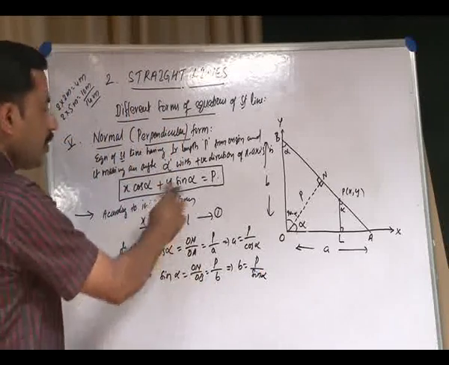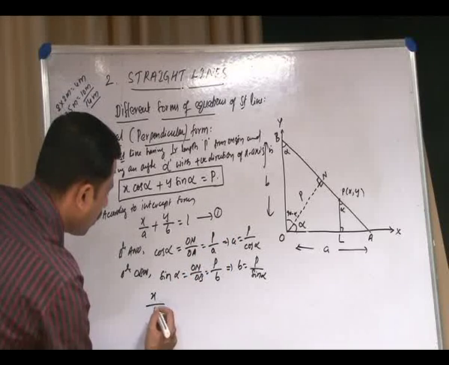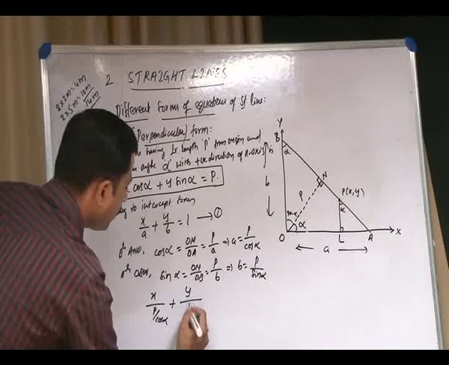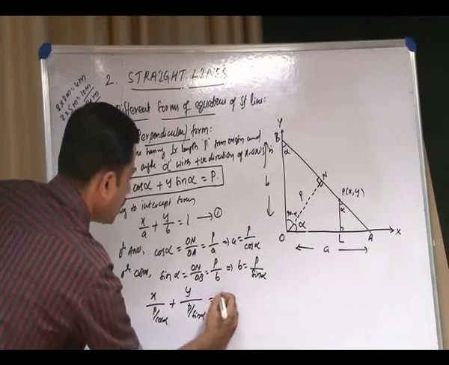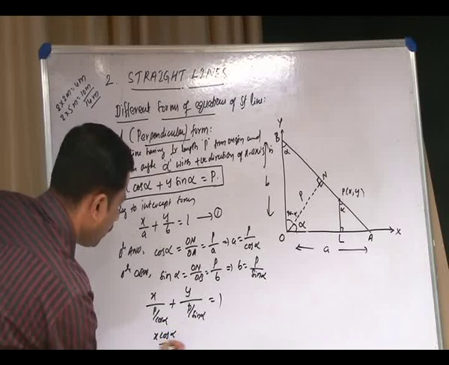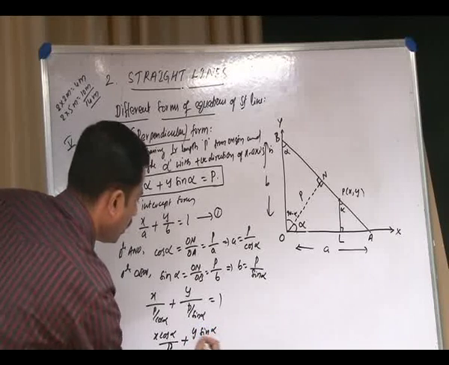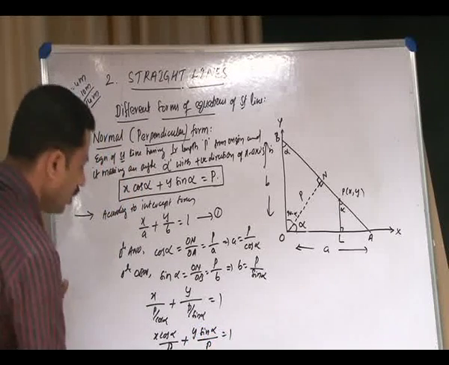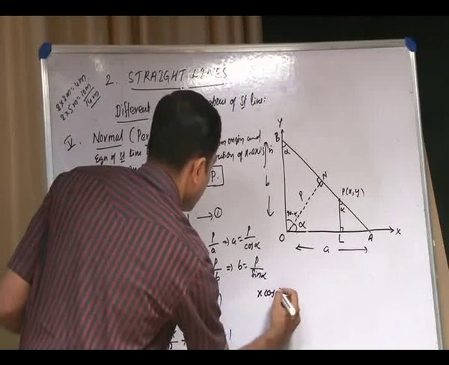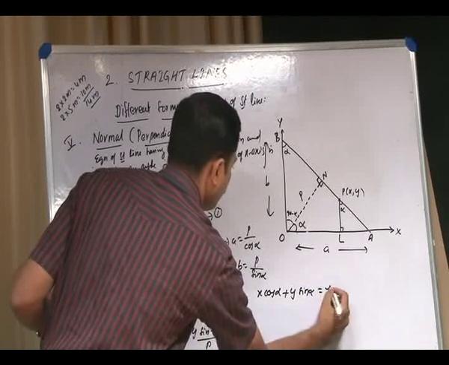Substituting these two in equation 1, we get x by A, which is x cos alpha by P, plus y by B, which is y sin alpha by P, is equal to 1. Multiplying by P we get x cos alpha plus y sin alpha is equal to P.